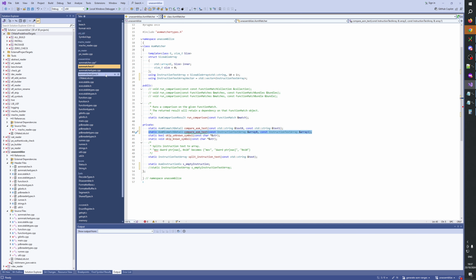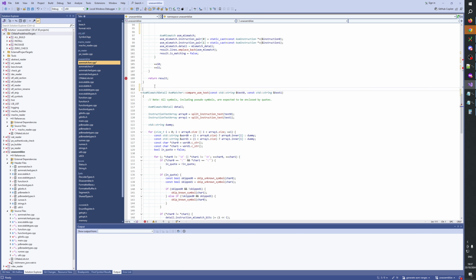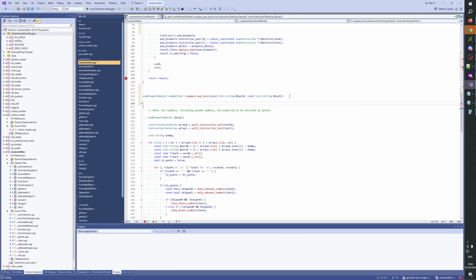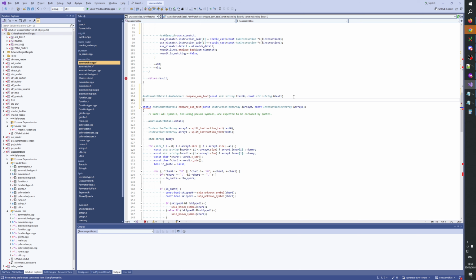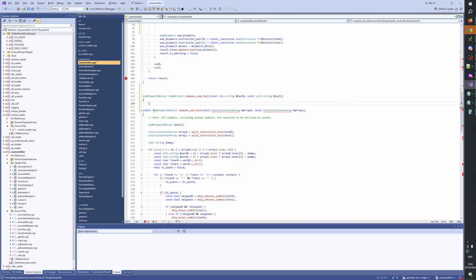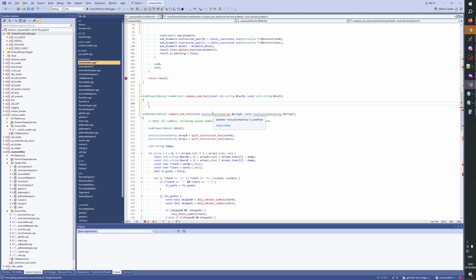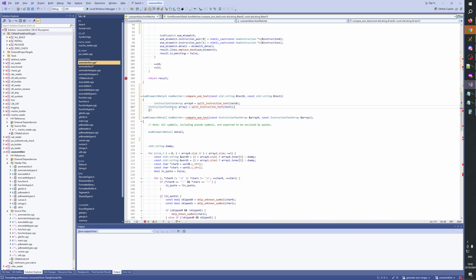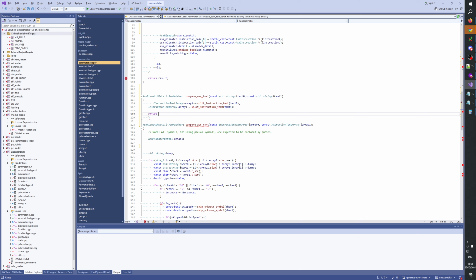Okay. And then here we create a new function here. So it will be static compare ASM. Why is this complaining? Because of that. Okay, and then we take these guys here and we put it in here. And then we do return compare ASM. We don't really need this function, but we can keep it for reference, I guess.